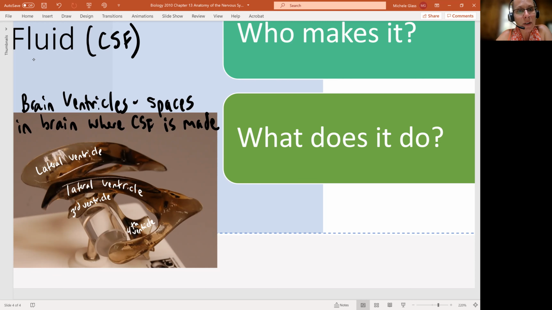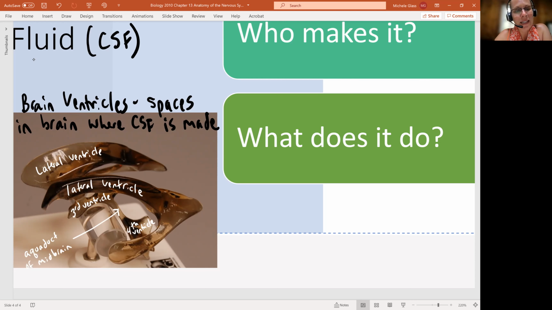And then coming together at the middle, we have the 3rd ventricle, where the diencephalon is going to wrap around. And then we have this connecting river that's going through the midbrain. It has a few names. We can call it the aqueduct of midbrain, so we'll use that terminology here.